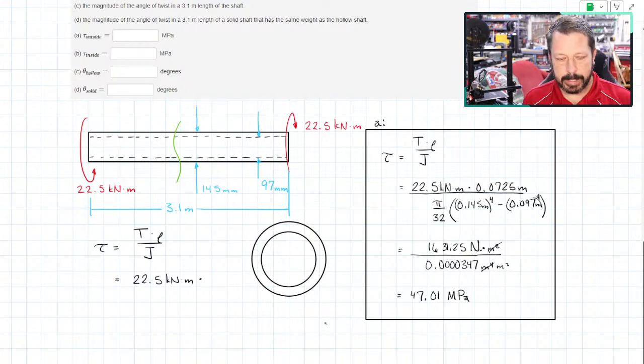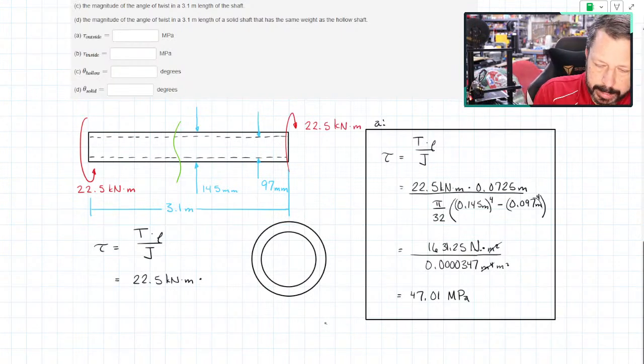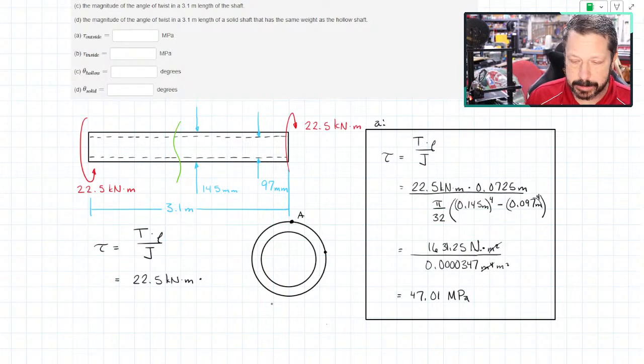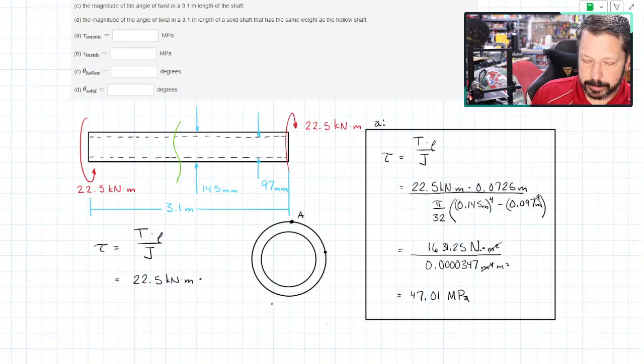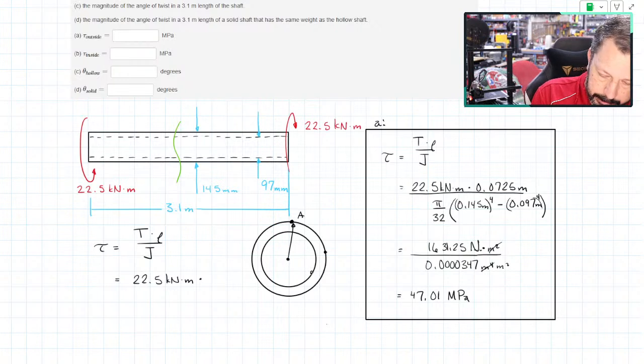There's our inner radius. When we did part A, we were picking some point on the surface. It doesn't have to be that particular one. It could be any of these points on the surface. They're all the same distance from the center. That's what we were using for rho, the distance from the center of the shaft out to point A. But now for part B, we're calculating the shear stress somewhere on the inner surface.